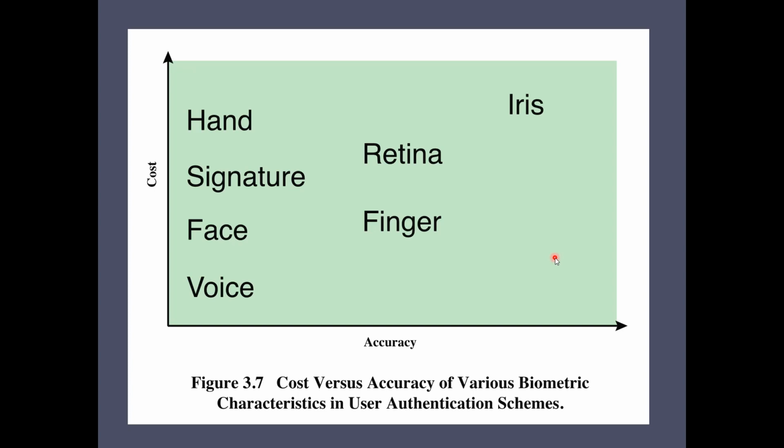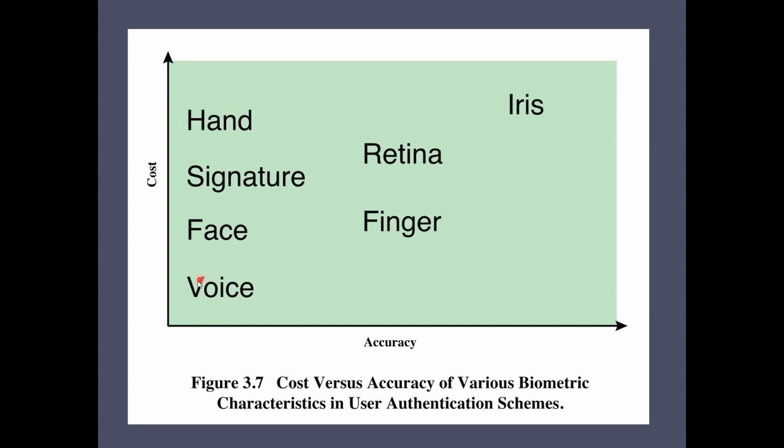So this is a comparison between the cost and the accuracy of various biometric characteristics. As you can see, the more accurate the biometric method, the higher the costs involved.